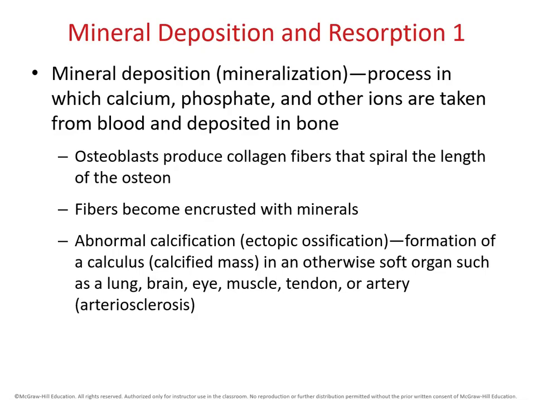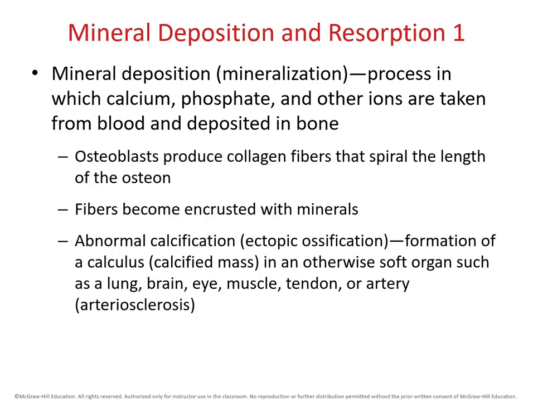Then those fibers get stuck with all of the minerals, the calcium, the phosphate, the magnesium, some of the other ions. They become embedded on the surface of that collagen fiber. And as the minerals get stuck to the collagen fiber, it becomes more and more solid.